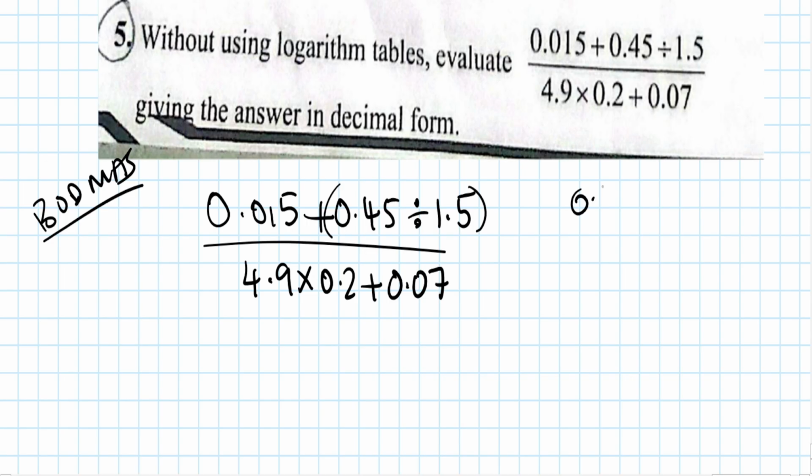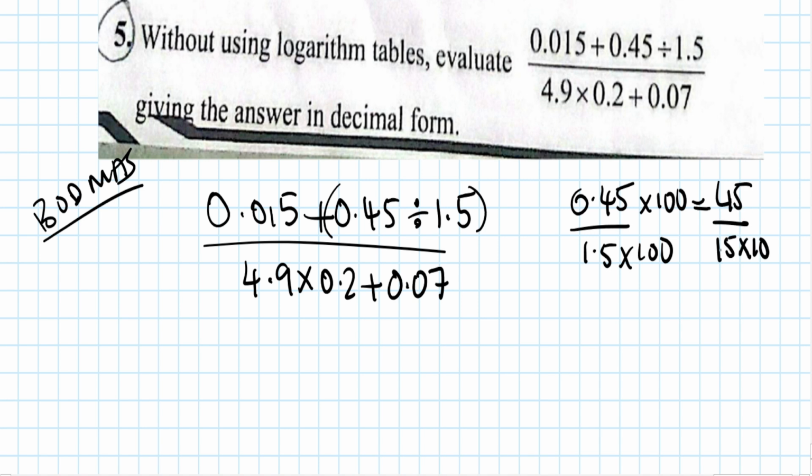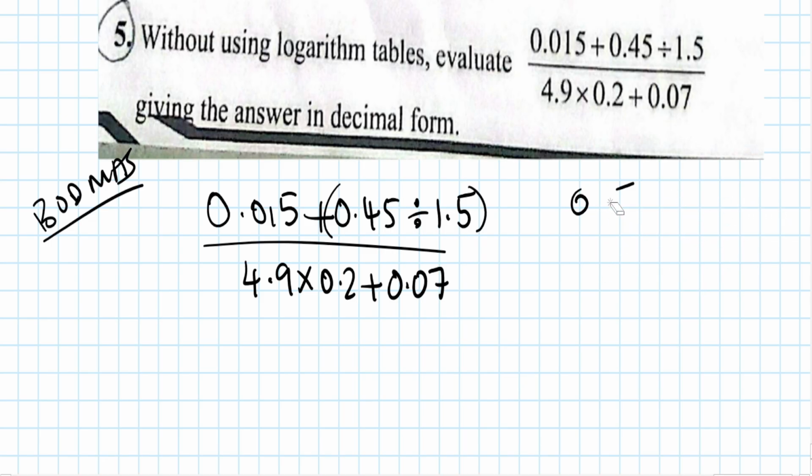So let's see, 0.45 if you divide by 1.5, how much do you get? So obviously, times 100 times 100, you're going to get 45 over 15 times 10. Okay, 15 goes into 45 3 times. That is 3 over 10, which is 0.3. So you know that 0.45 divided by 1.5 is 0.3.